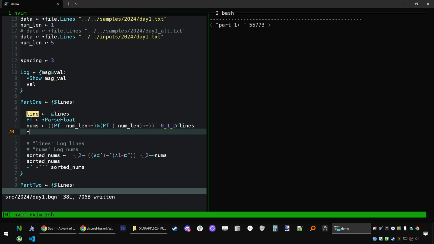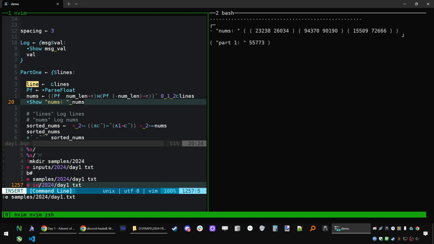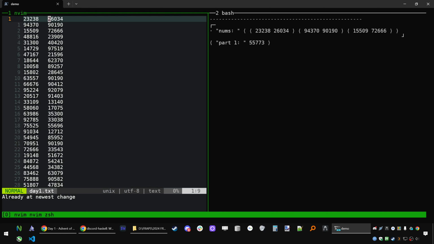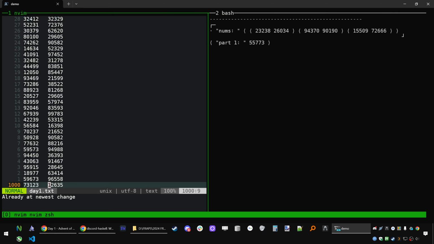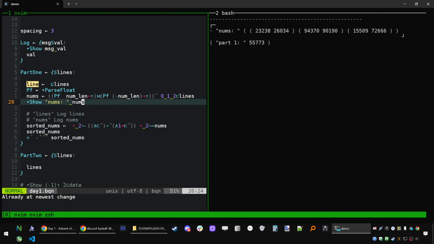Okay, and then I want to show nums. And if I source my inputs, this lines up. 23, 26, 23, 26, 090. Okay, there's no trick questions here, right? And my logic is correct for the sample.